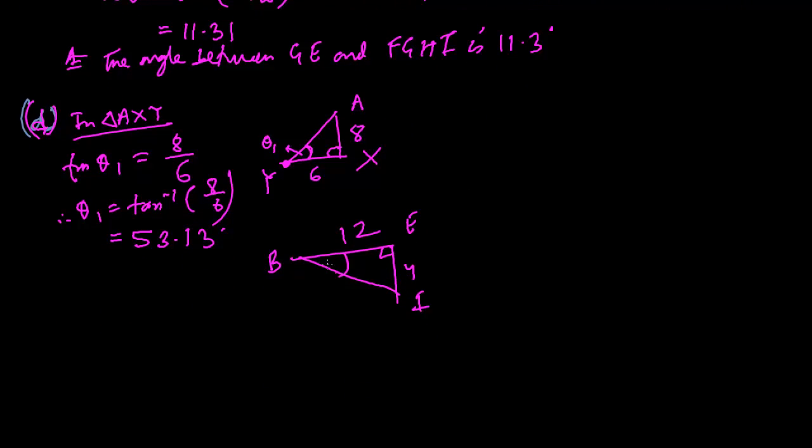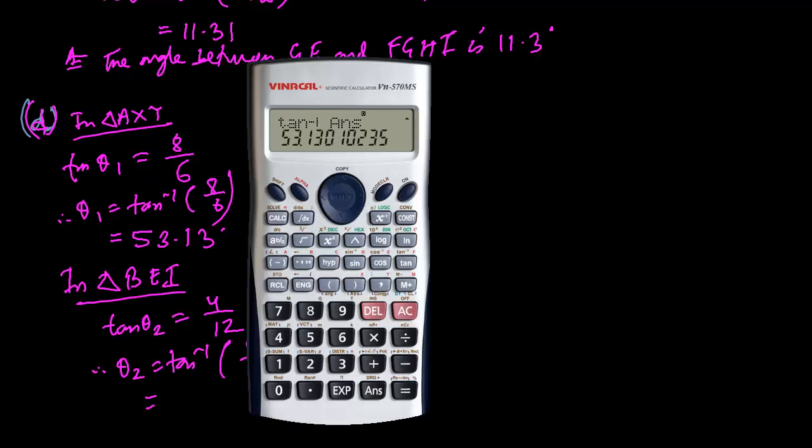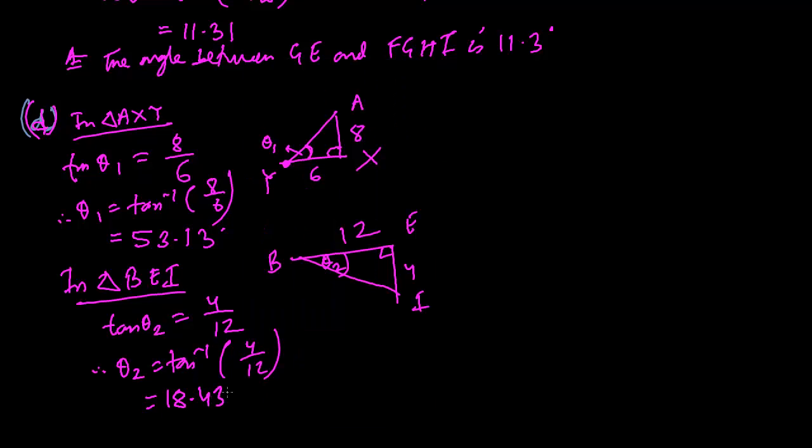So this is 4, this angle is theta 2, so we can write in triangle BEI, tan theta 2 equals opposite by adjacent. Therefore theta 2 equals tan inverse 4 by 12. Tan inverse of 4 divided by 12 is 18.43 degrees.